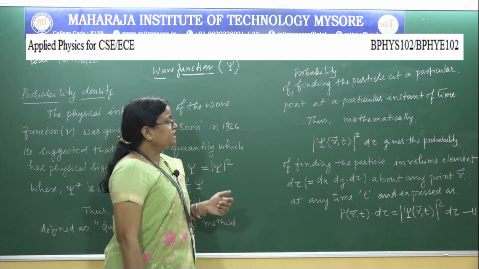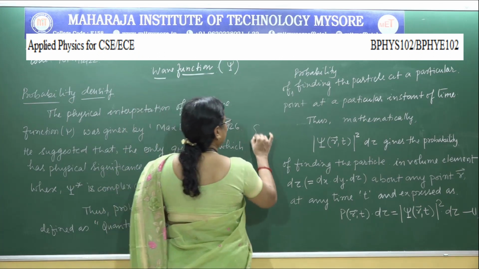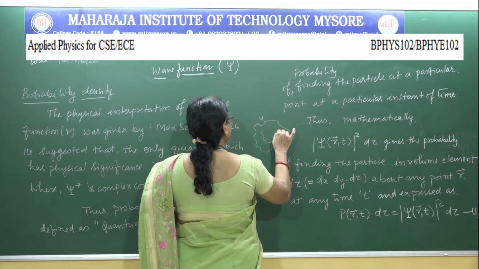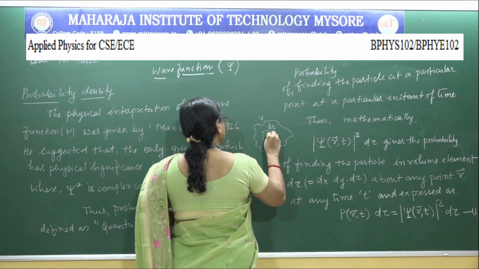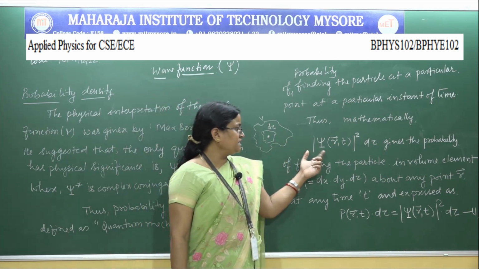So mathematically how can we describe it? If we have a small volume, d tau, in which the particle is confined, how can we express this mathematically?